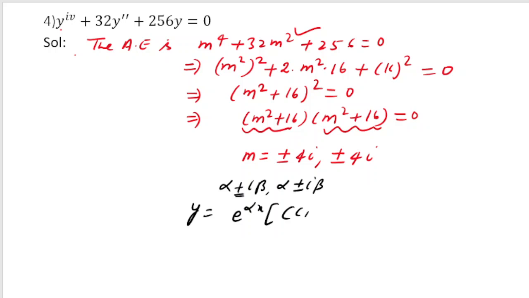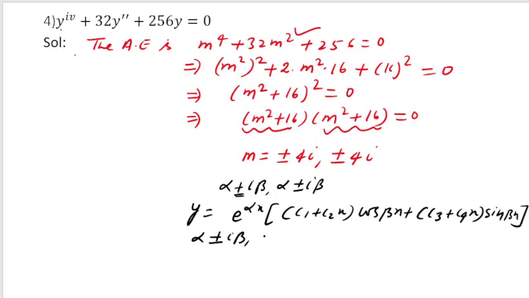And then here we write (c1 + c2x) cos βx plus (c3 + c4x) sin βx. I hope you have got the drift: what if there are three pairs of imaginary roots, α ± iβ, α ± iβ, and α ± iβ?